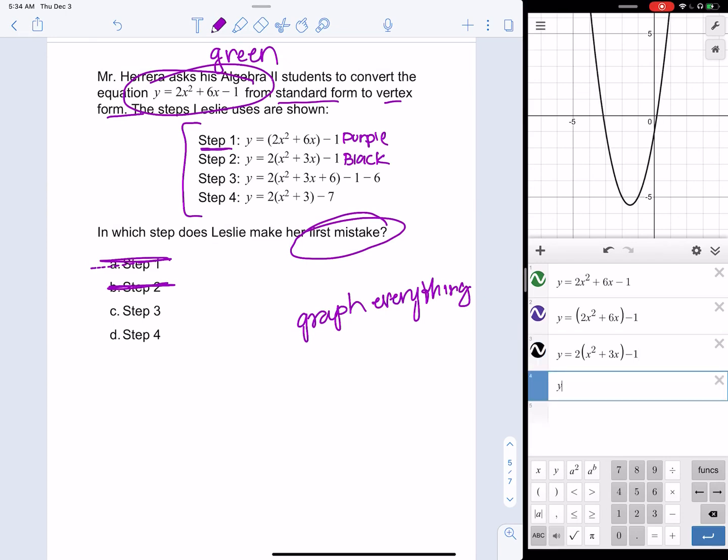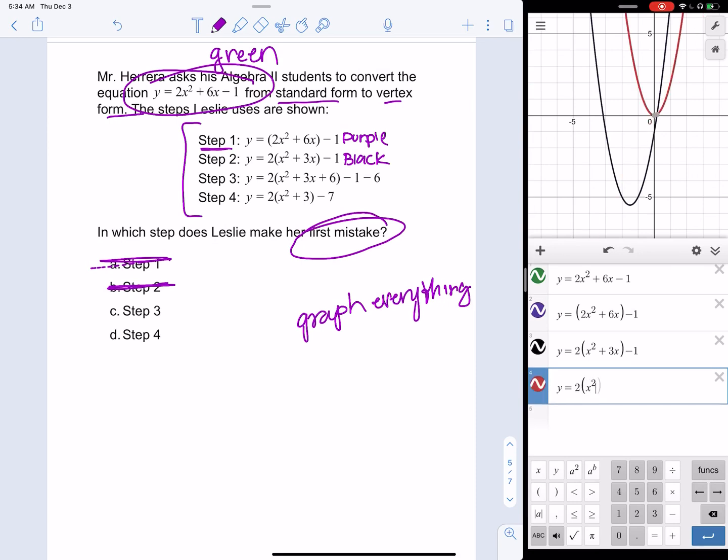We have y equals 2, parentheses, x squared plus 3x plus 6, parentheses, minus 1 minus 6. Now that's red. Does the red line fall on top of the green line? No, very good. So, where did she make her first mistake? Very good, step 3.